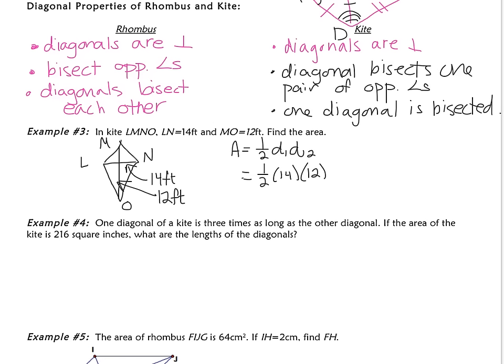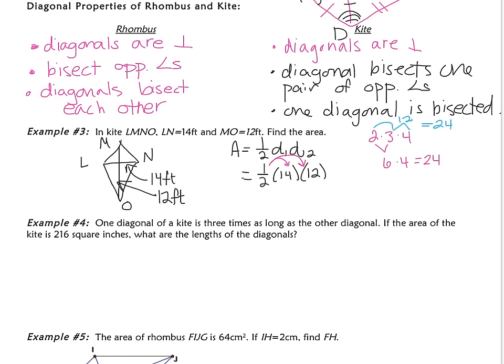Now a big mistake that kids make a lot of times here is they think, oh, I have to distribute. Distribution only works over addition and subtraction. There is no addition or subtraction here, so it's just like multiplying 2 times 3 times 4. It doesn't matter which order you multiply those three numbers, but you do 2 at a time. So it'd be 6 times 4, giving you 24. If I did it in a different order, say 3 times 4 first, that's 12, and 2 times 12 also gives me 24.